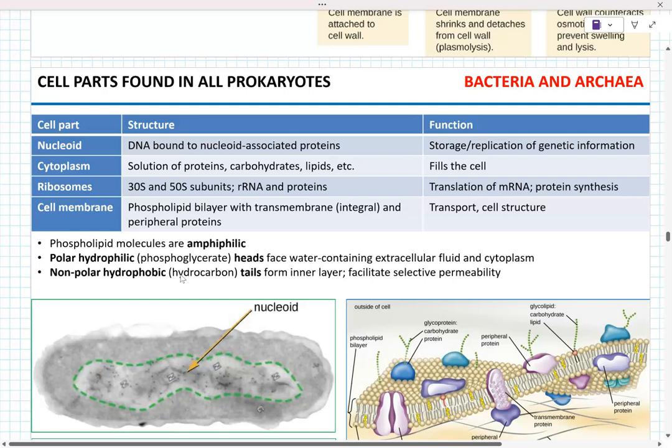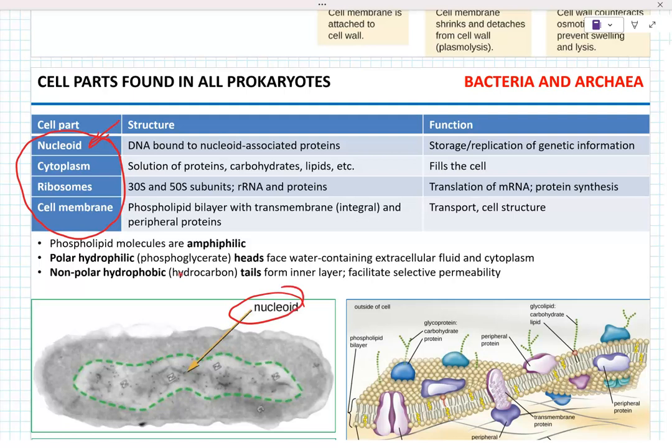Now, we're going to talk about the structures found in prokaryotic cells. Every prokaryotic cell has these four structures. I want to urge you, when we use the term, it is the exact term. Like nucleoid isn't nucleus, although they sound pretty similar. So all prokaryotic cells have a nucleoid. Remember, there's no nucleus. A nucleoid is just the area where DNA is.